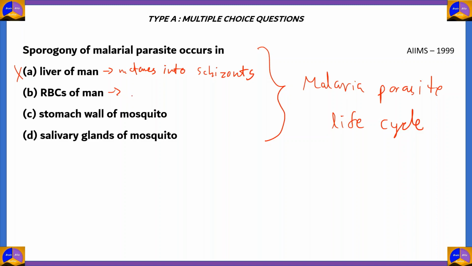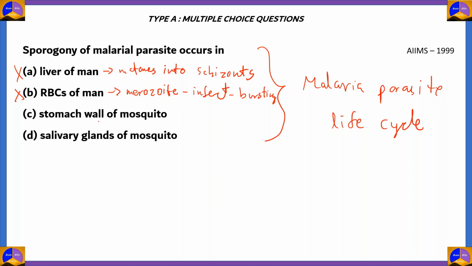In the RBCs, as found in the malarial life cycle, the merozoites, which are the pathogens, infect the RBC, which results in bursting of the red blood cells, so lack of red blood cells. So option B is incorrect because this is not sporogony.